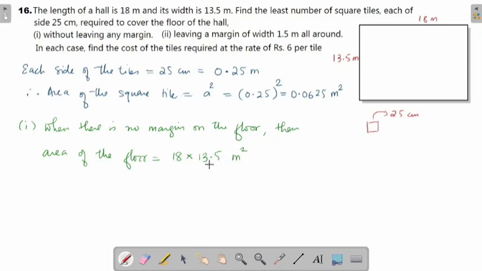If you want to find the product, that is also fine, otherwise you can leave it here itself, right?